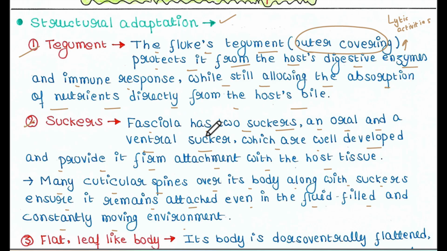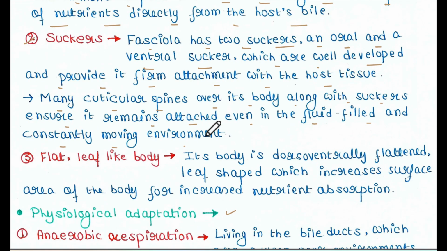So it has two suckers and the cuticle has many spine-like structures. Since they move through the bile duct, it is a fluid-filled duct. They need to be attached within the host body. Suckers help them.